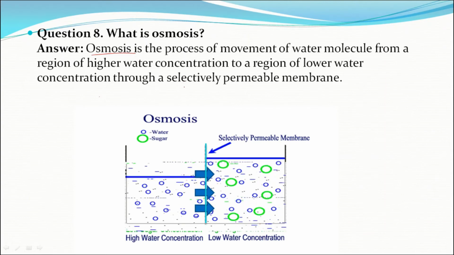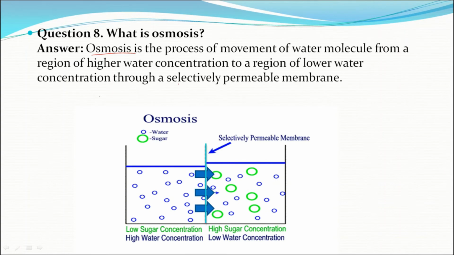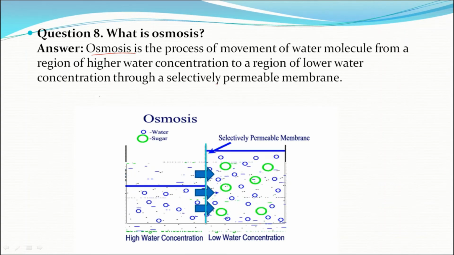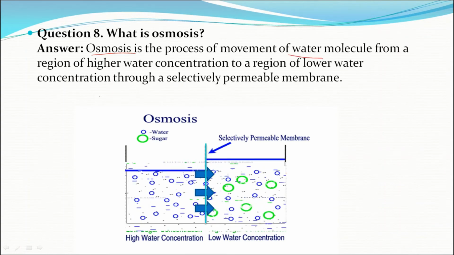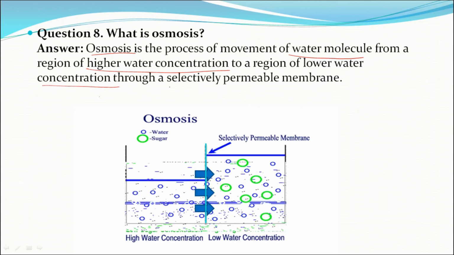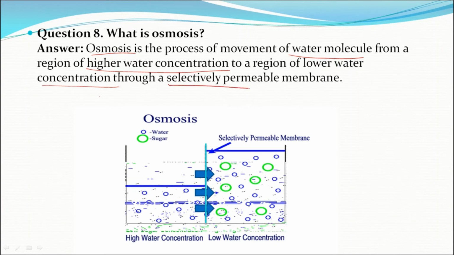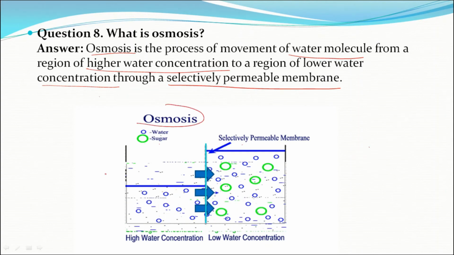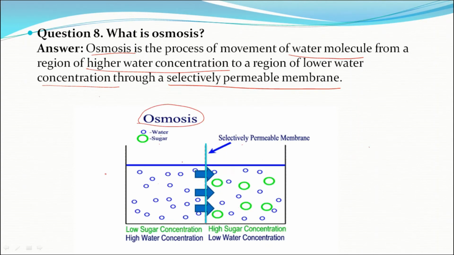So many times we have discussed this term. Osmosis is what? The process of movement of water molecules from its higher concentration to the region of its low concentration. Okay, and which is important here? Selectively permeable membrane. To understand the process of osmosis, just look at this picture.